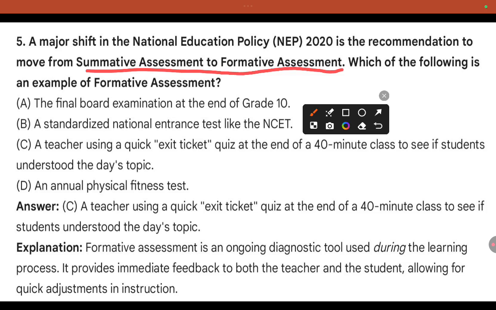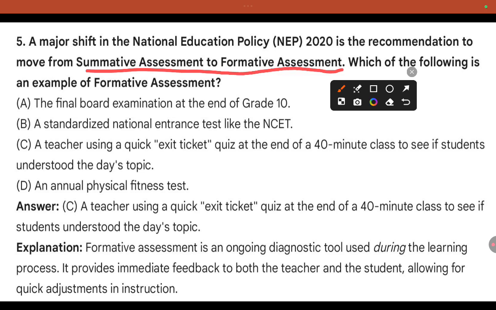A. The final board examination at the end of grade 10. B. A standardized national entrance test like the NCET. C. The teacher using a quick exit ticket quiz at the end of a 40-minute class to see if students understand the day's topic. D. An annual physical fitness test.